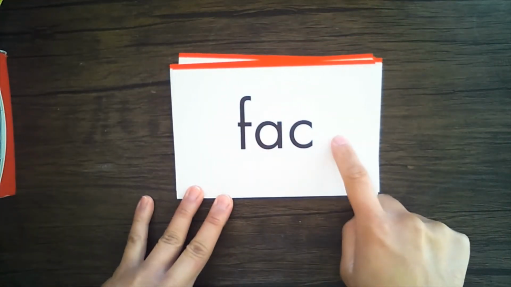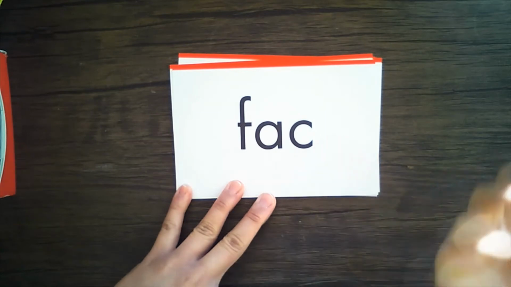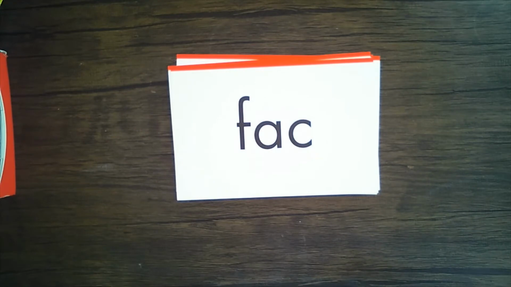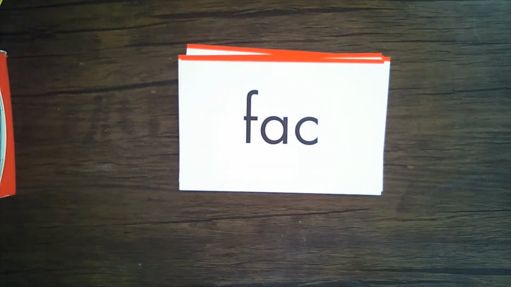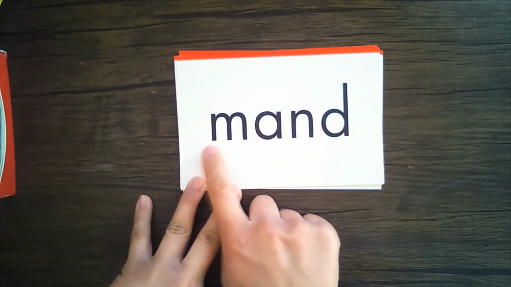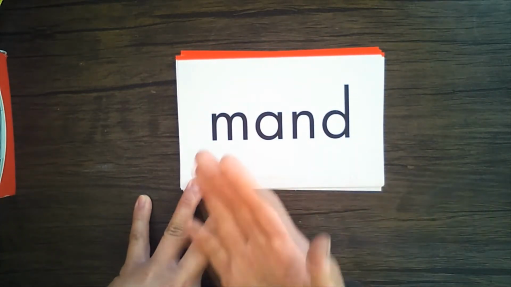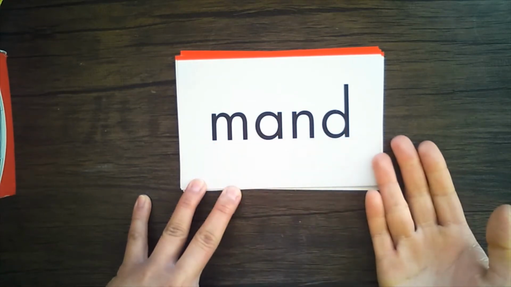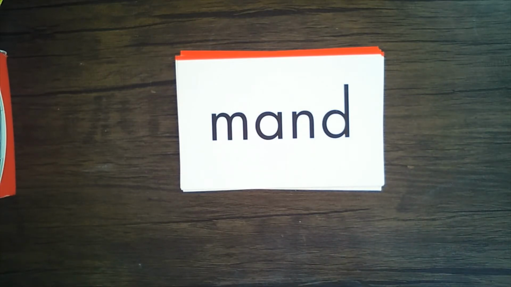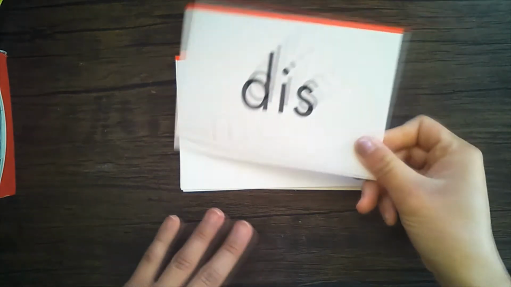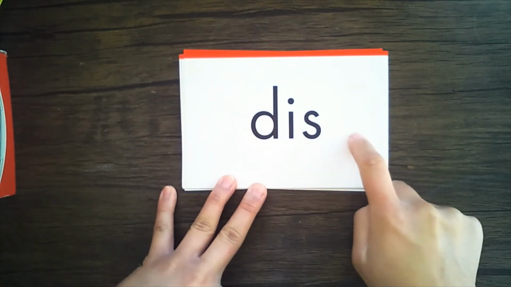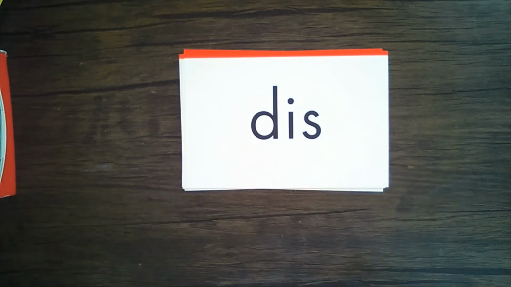Read, fact, again, fact, kind of like factory, meaning make. Read, mand, again, mand, kind of like command or demand, meaning order. Okay. Read, dis, again, dis, kind of like distance.